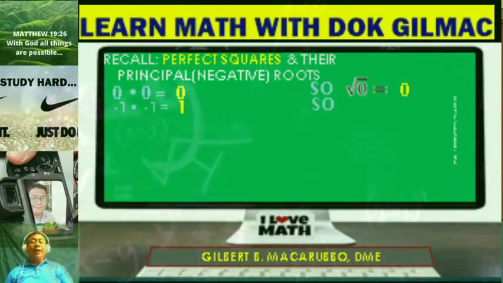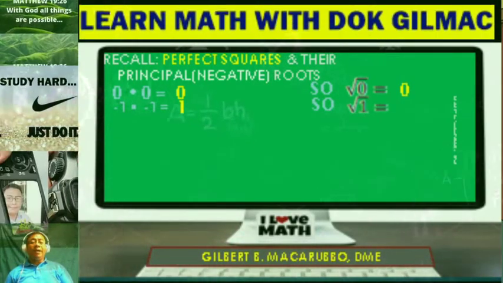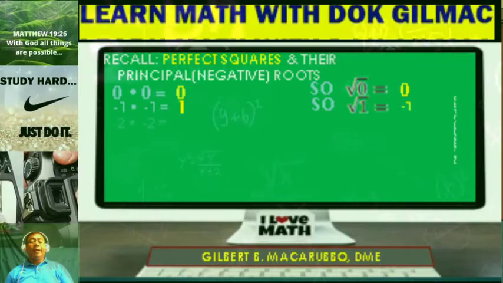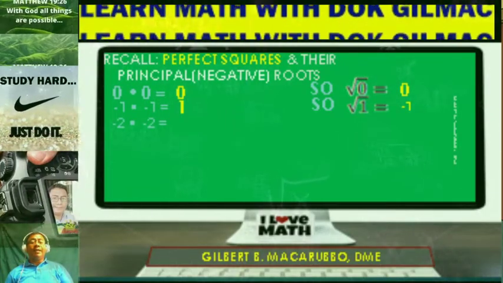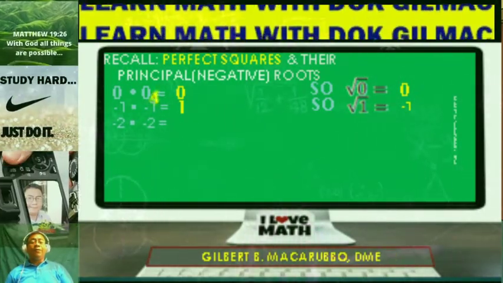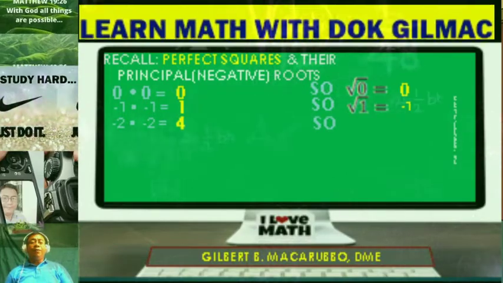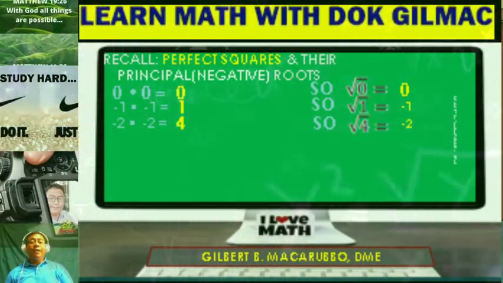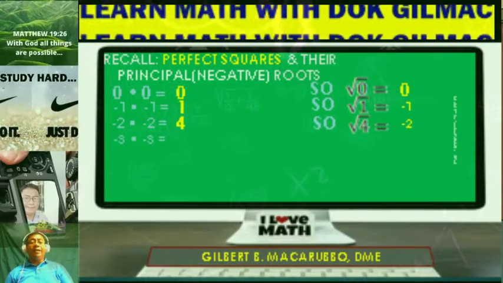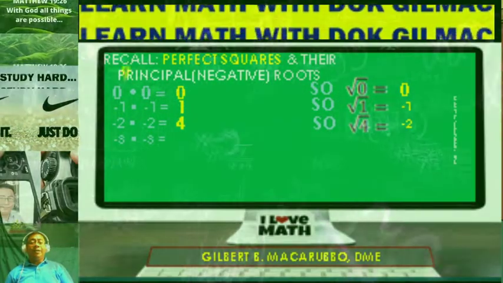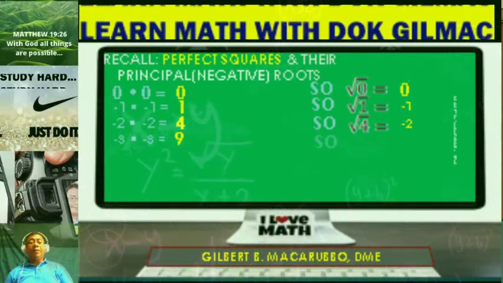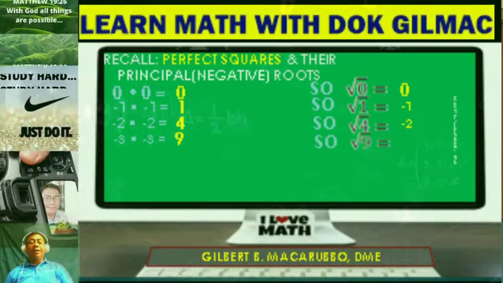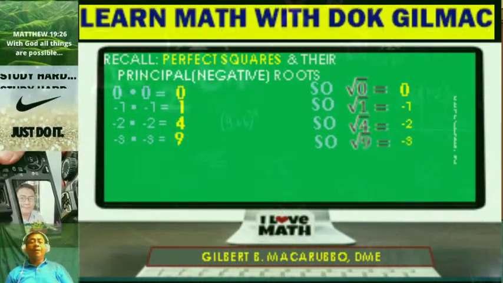So square root of 1 is equal to negative 1. Negative 2 times negative 2 is equal to 4. So, square root of 4 is equal to negative 2. Negative 3 times negative 3 is equal to 9. So, square root of 9 is equal to negative 3.